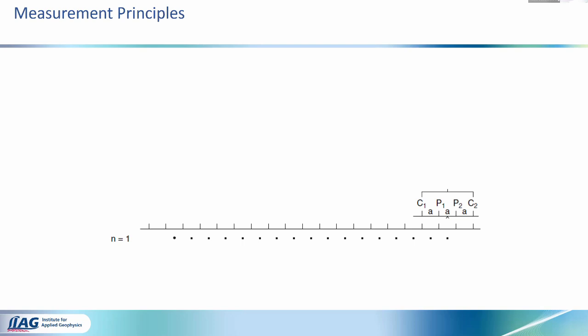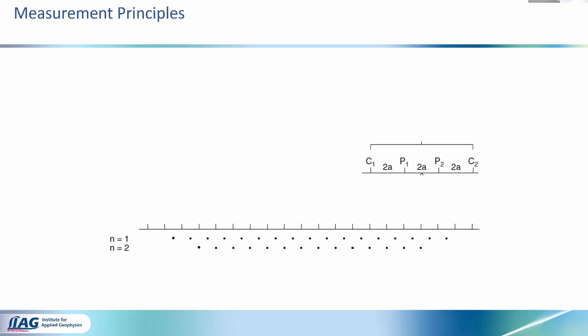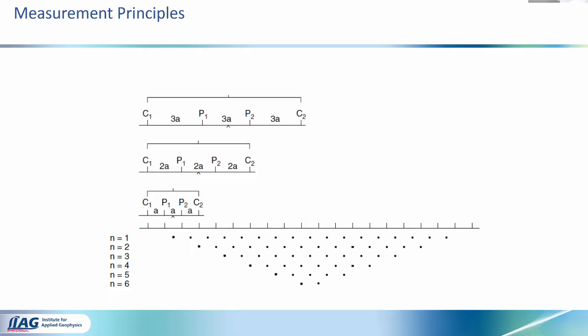To go deeper, I just increase the distance between those electrodes: twice the distance, meaning I'm going deeper, and I do the same again. I can continue this until I've covered the whole profile.